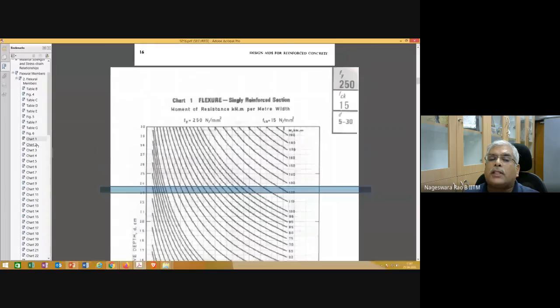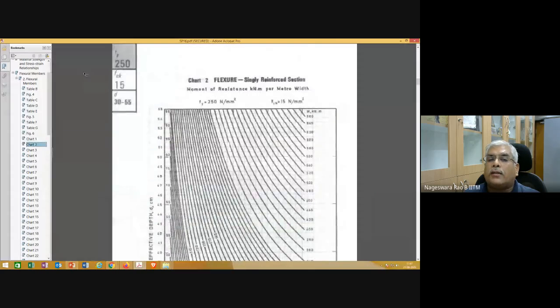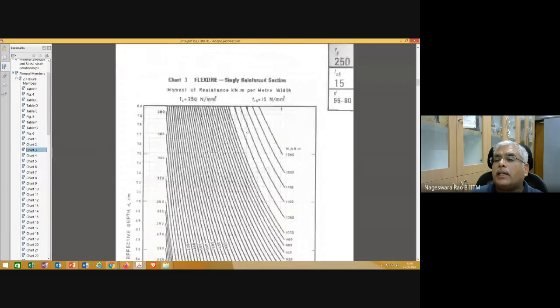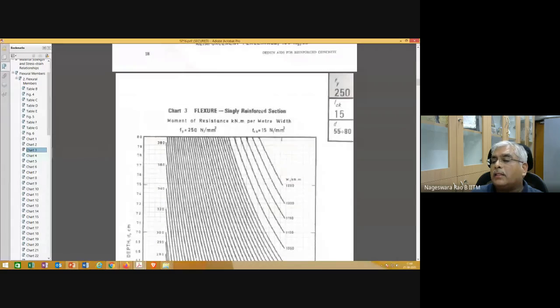Let's see what about chart 2. Chart 2 is the same, Fy 250 and FCK equal to 15, same grade of concrete, same grade of steel, but the depth is increased, from 30 centimeters to 55 centimeters. And chart 3 is again for more depths, okay?